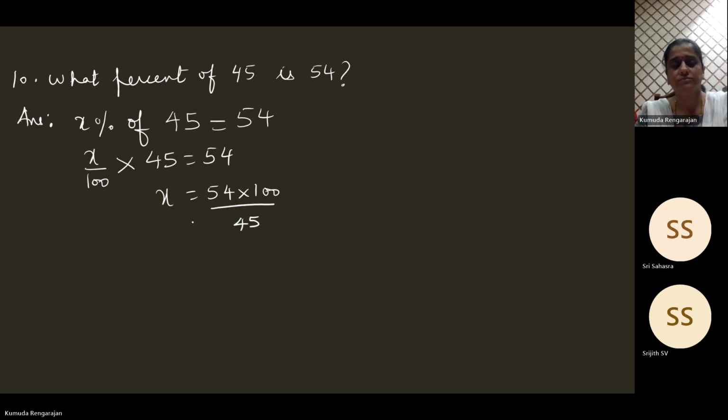Tables of 9. 9 five times is 45, 9 six times is 54. Then 5 twenties are 100, so 120. 120% of 45 is 54.